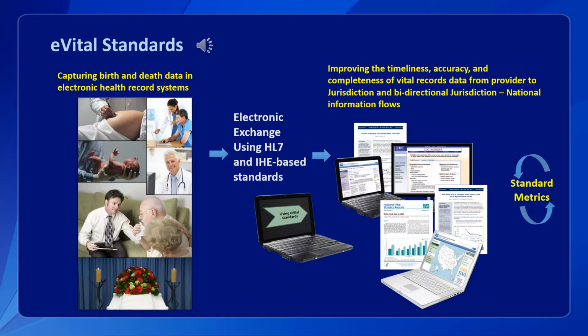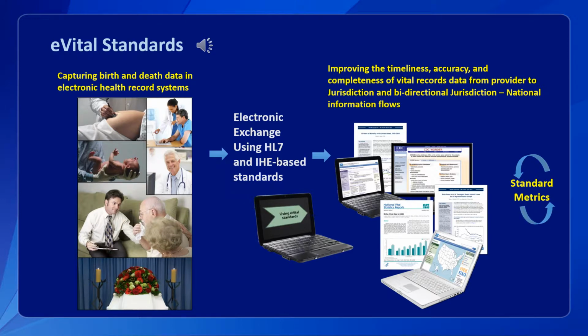So the Division of Vital Statistics is one of the divisions within NCHS, and we've been collaborating for a number of years with the National Association for Public Health Statistics and Information Systems, known as NAPHSIS, along with state representatives and EHR and vital record system vendors and standards development organizations such as HL7 and IHE to support an eVital standards initiative.